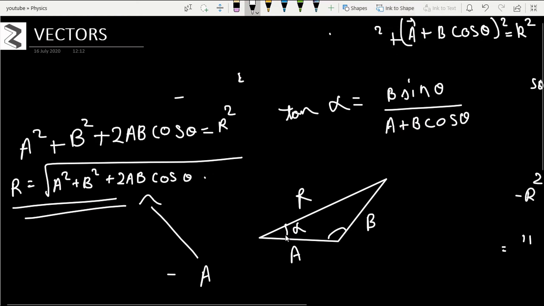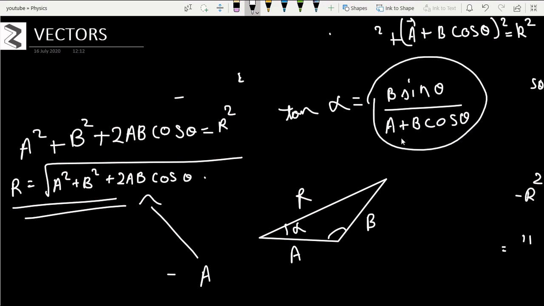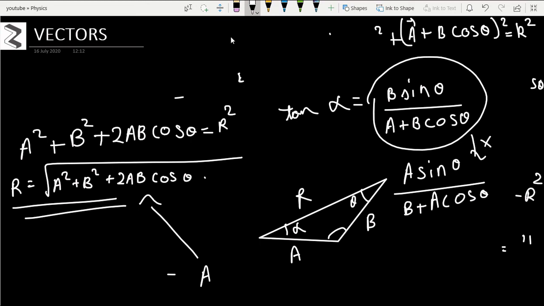But this is the angle of resultant with vector A. If you need to find the angle of resultant with vector B, then the formula would become just the opposite, which will become A sine theta upon B plus A cos theta. So these are the important formulas for vector calculation.